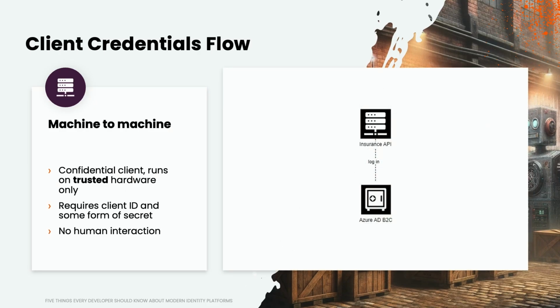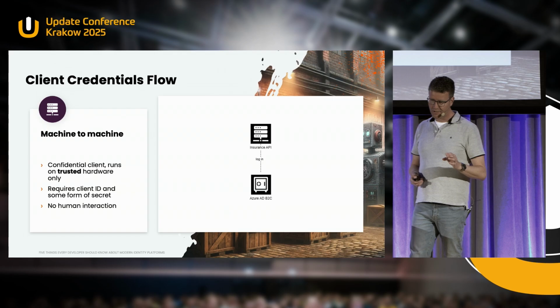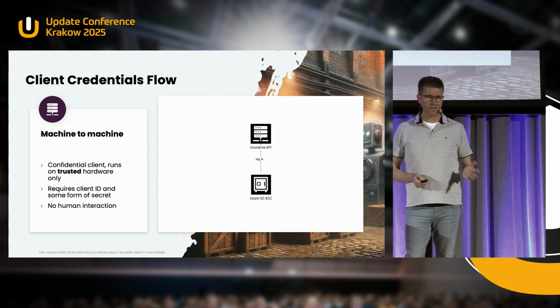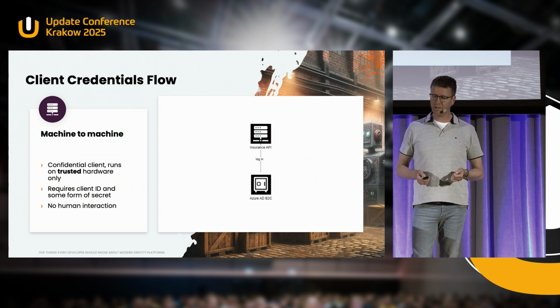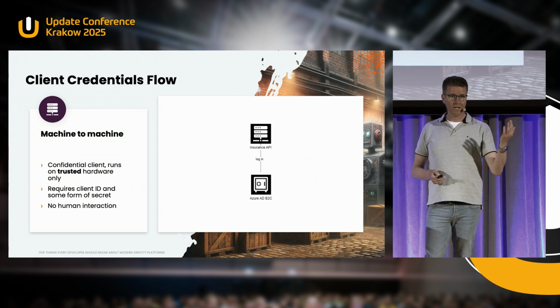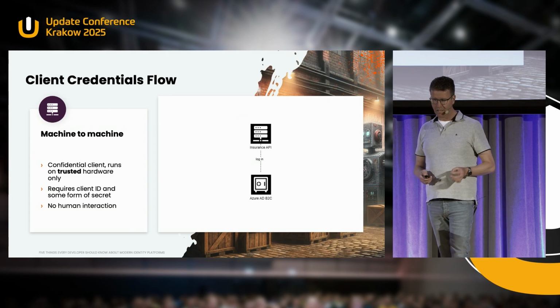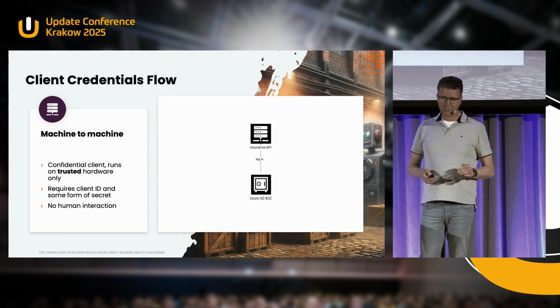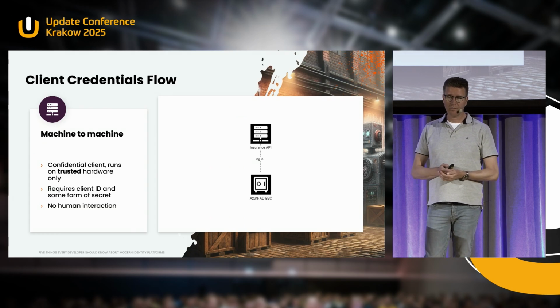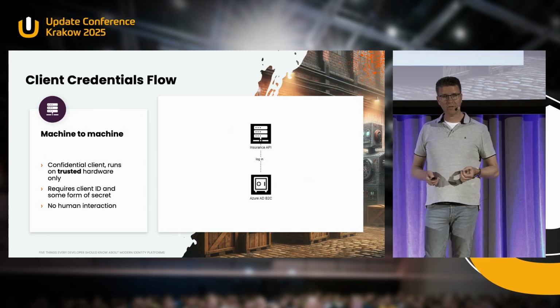So let's quickly dive into them in a little bit more detail. Again, client credentials, machine to machine. For example, my insurance API itself wants to access a different API, or maybe an API on the IDP itself, doesn't matter. This will require the client to have something to identify itself. So obviously this requires a confidential client.